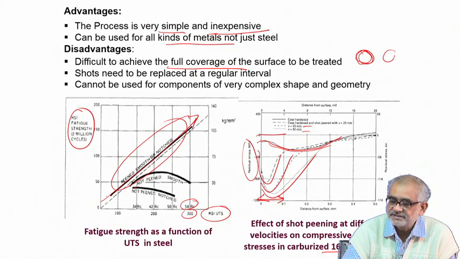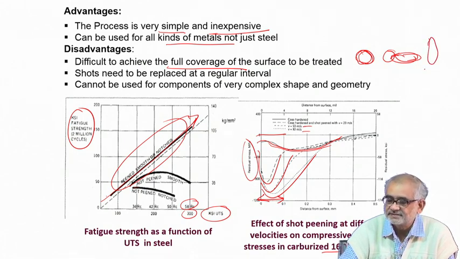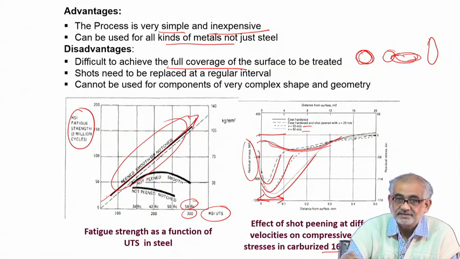So instead of completely spherical, if this becomes oblate or such a non-spherical shape, then obviously the shot can hit either in a flat condition like this or in a perpendicular condition like this. As a result, your entire Hertzian distribution of impact is going to be affected.